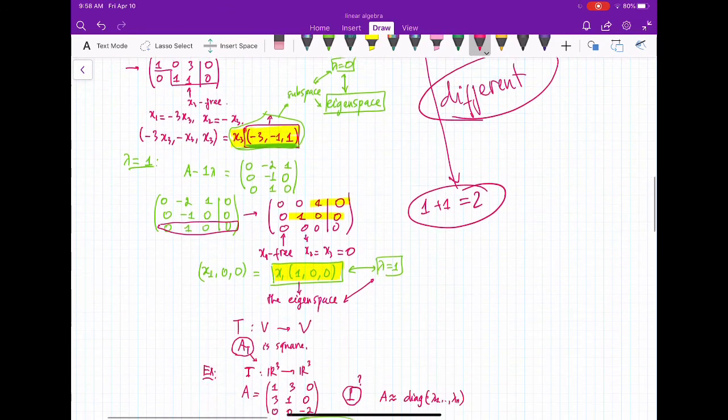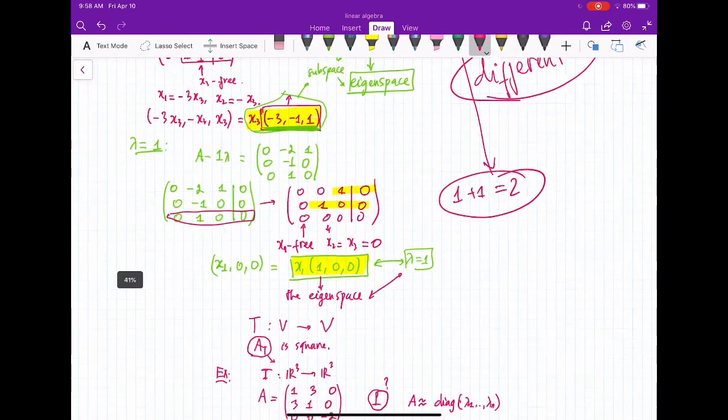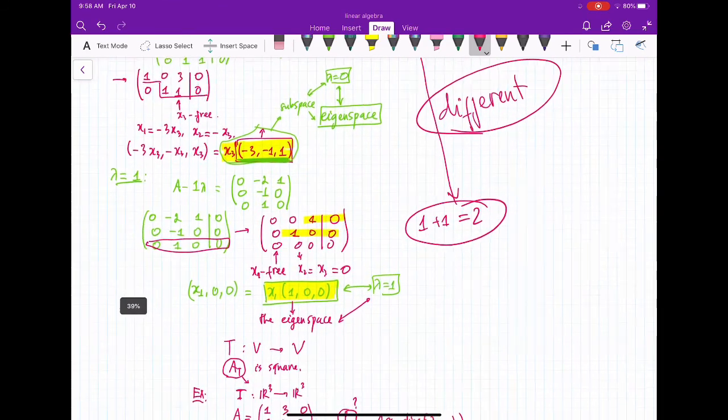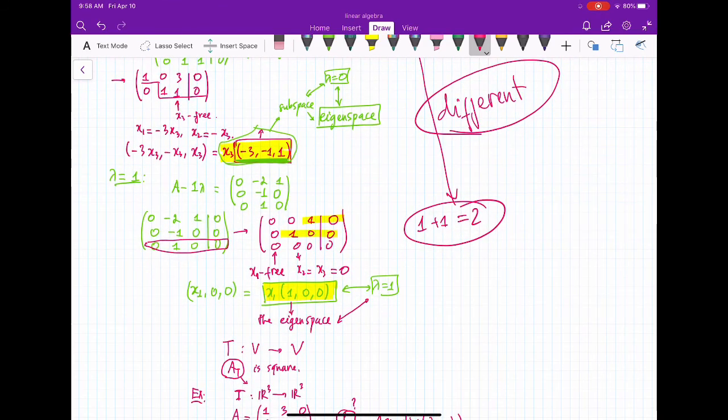Make sense? And I bet if you use the same logic of the example we just saw, if you want to form a matrix P, you take the eigenvectors. First one is -3, -1, and 1, right? The second vector is 1, 0, 0. So what is the third column?